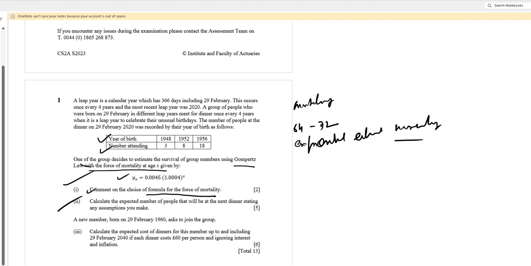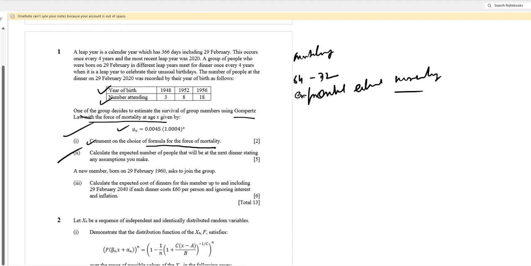Okay. So the next part is to calculate the expected number of people that will be at the dinner, stating any assumptions you make.